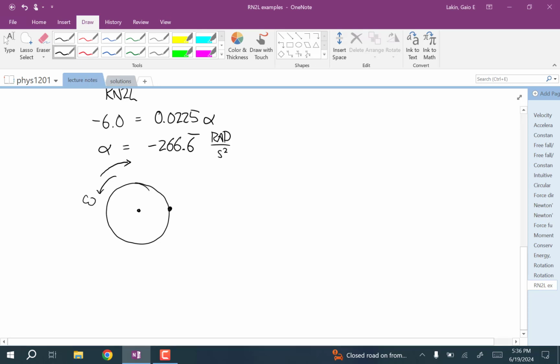So at this point that we're asked about, the velocity vector is this way. The angular acceleration is the opposite way. What I drew here in the green vector is the tangential acceleration. And then the centripetal acceleration is towards the center.